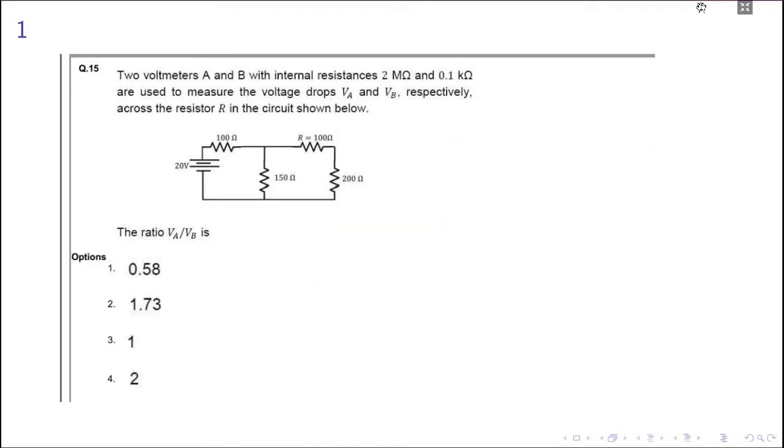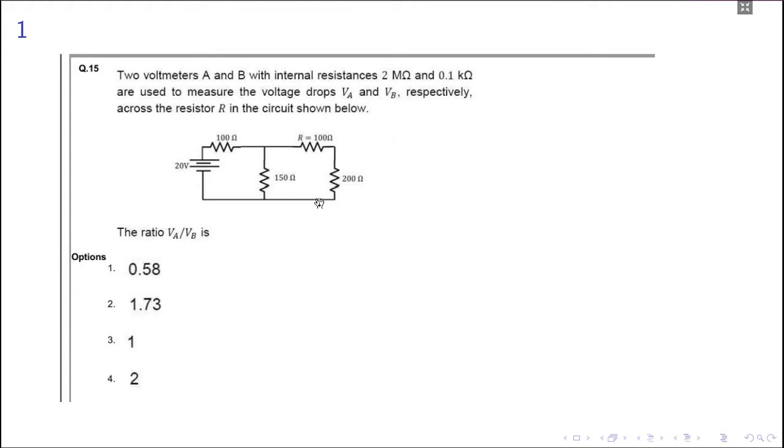I'm sure all of you are aware of this. So basically a circuit is given, and across this resistance you put two different voltmeters of different resistances, and then it asks you to compare the voltage reading that you get from the two voltmeters. So what is that ratio, VA by VB?